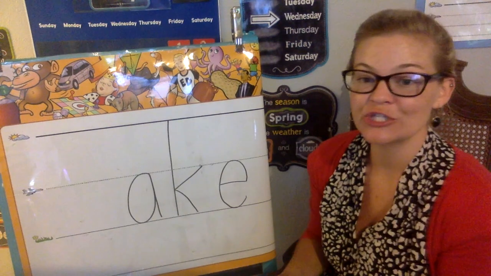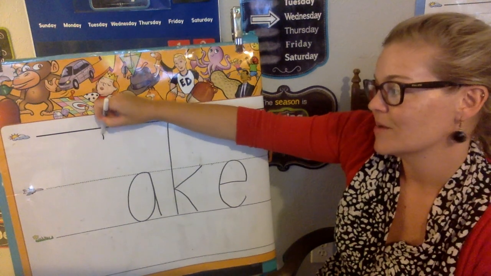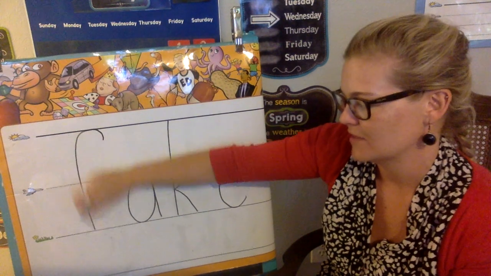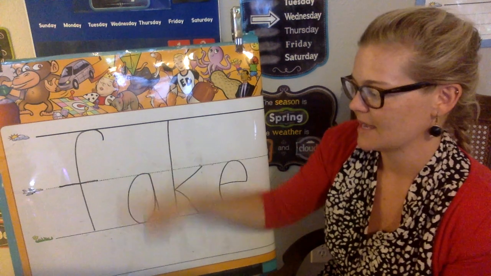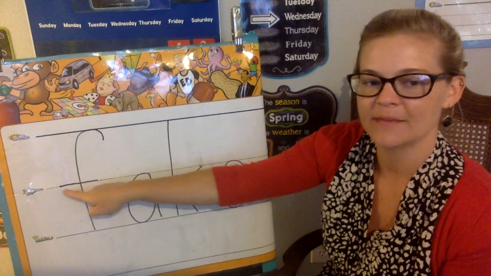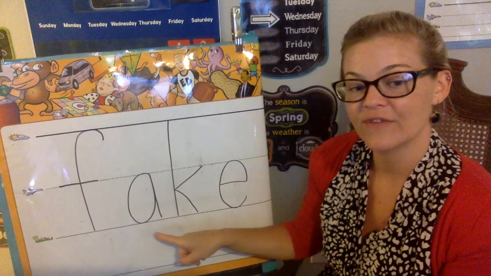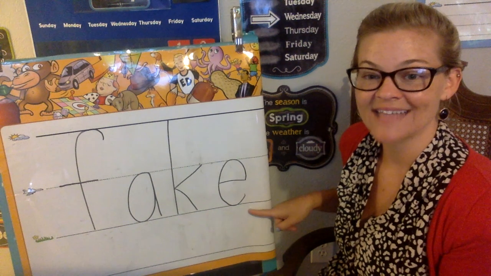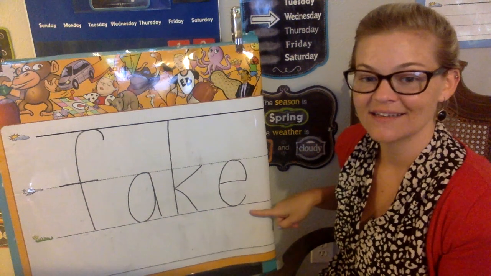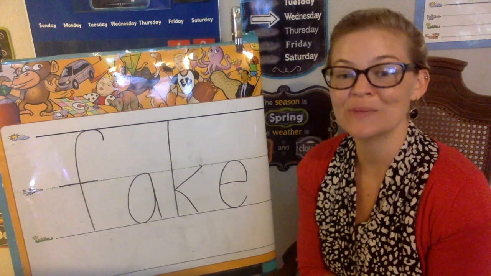Now, I want you to do a lowercase f at the beginning. Lowercase f. You can look up here to see what a lowercase f looks like. It goes from skyline to grass line, and then a line in between on the plane line. Okay, so we have F-A-K-E. We know ache is A-K-E. We know F makes a f sound, so try to put them together.